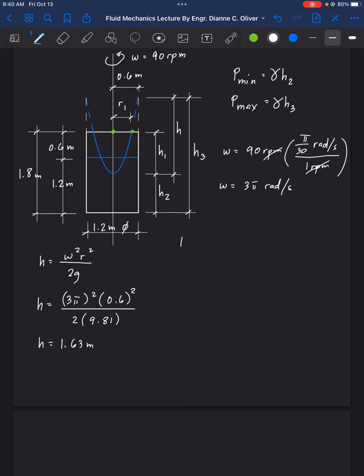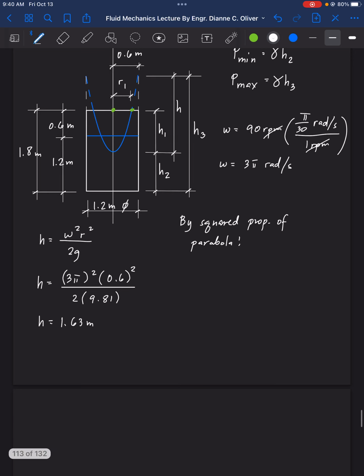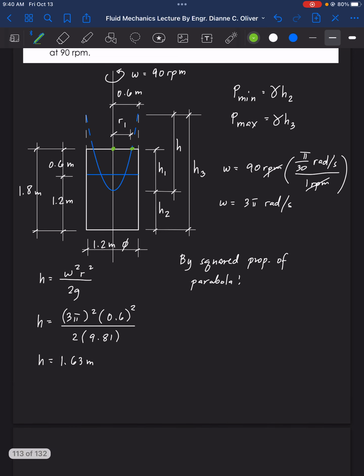So we will use the squared property of parabola. We're going to compare this parabola here with the smaller parabola inside.